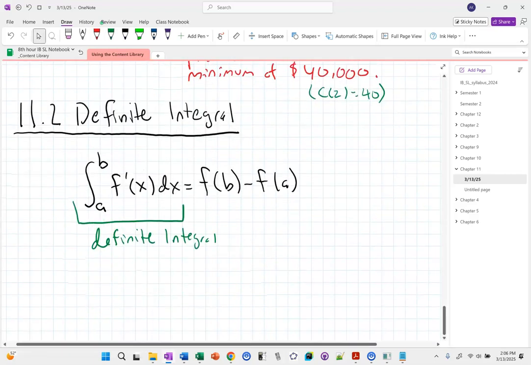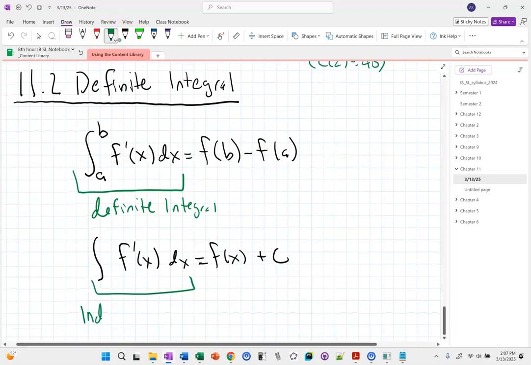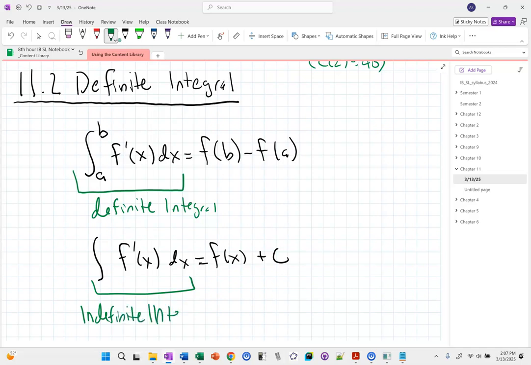What we did before, this guy is the indefinite integral, or the general antiderivative. You could use those two terms interchangeably.